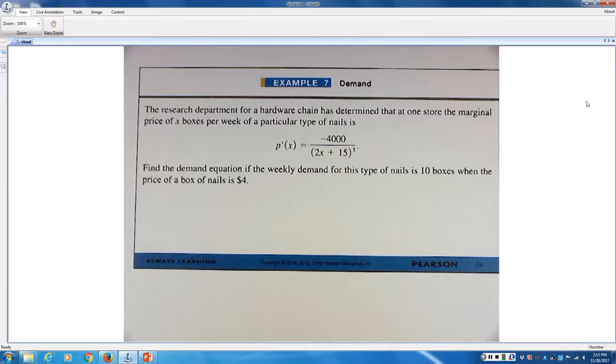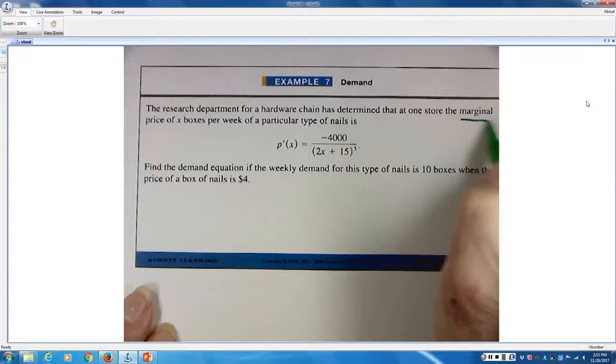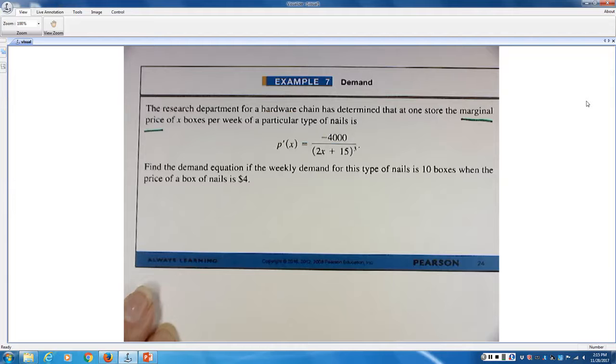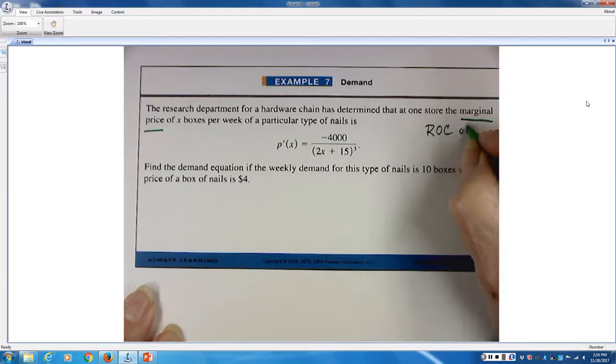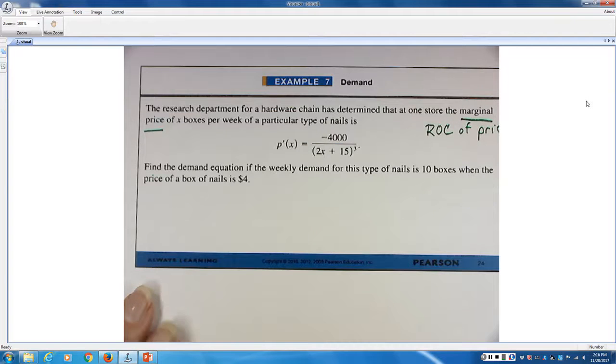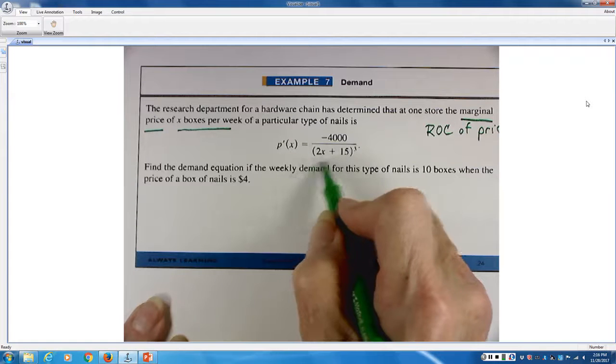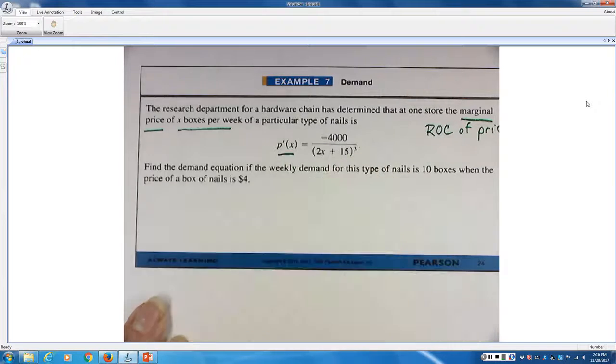The research department for a hardware chain has determined that at one store the marginal price, remember, marginal price is a rate of change of price, which is to say it's a derivative, of X boxes per week for a particular type of nails, is given by this, and P prime of X, of course, is marginal price.